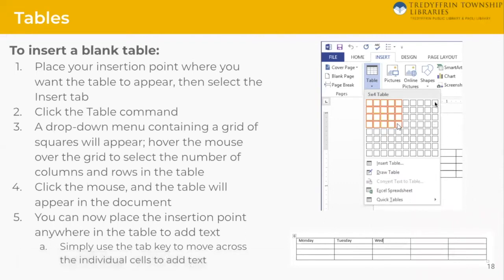If for some reason you needed a table bigger than however big the grid is, you can always just make it as big as you can and then insert rows and columns within the document, which I'll go over in a few minutes.